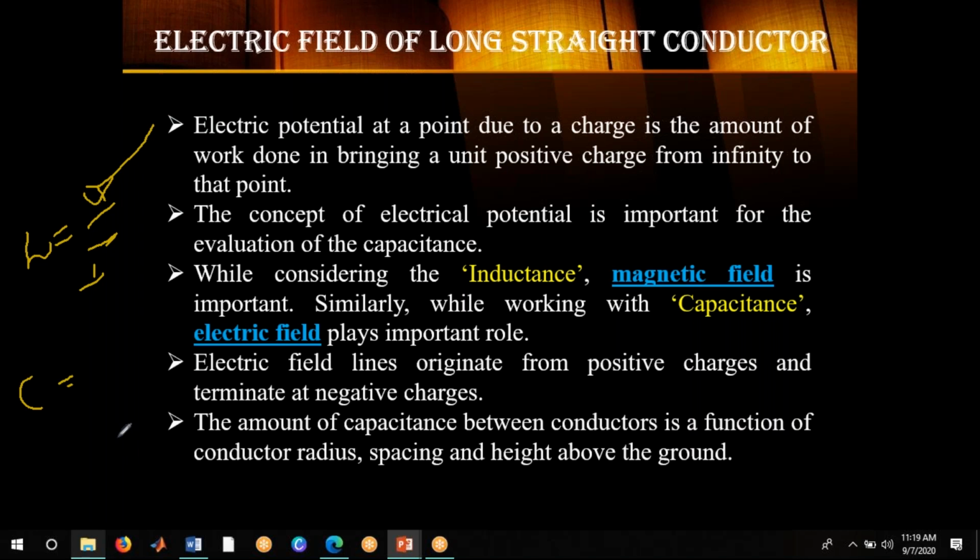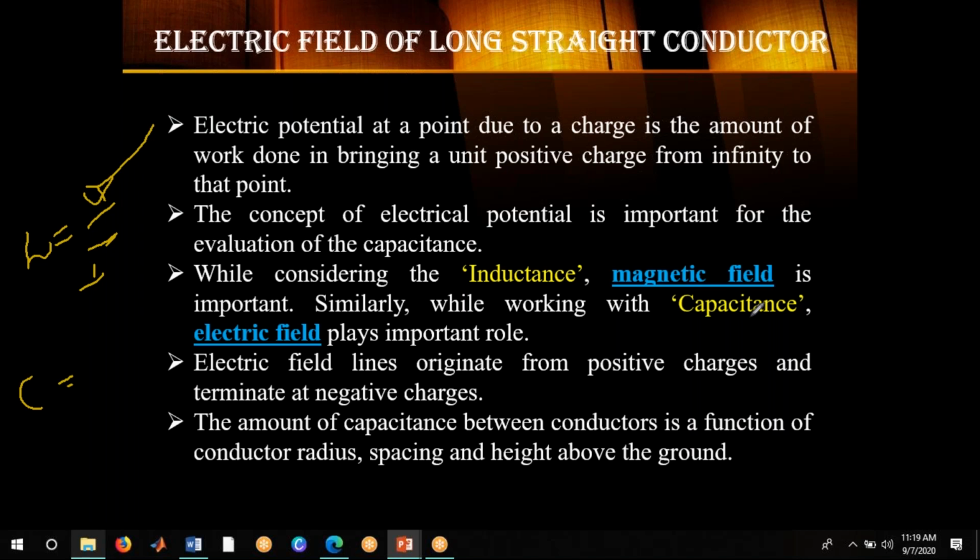These two are the major parts while calculating the inductance and capacitance values. Keep in mind that inductance completely depends on the magnetic field, and similarly while working with capacitance, the electrical field plays an important role. Why? Because the capacitance depends on how much potential, how much charge will be flowing in the conductor, and that flow of charge is called the electrical field.